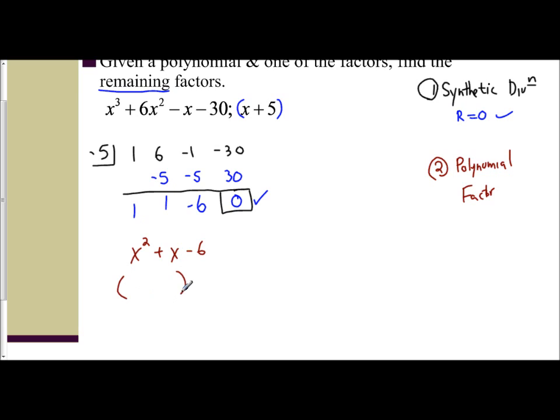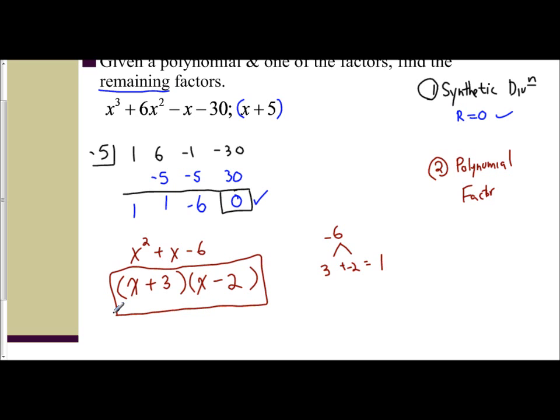So I can set up my two factors. The first place is going to be x, and you want numbers that multiply to give you negative 6, and they add to give you positive 1. Since they have a negative 6 product and a positive 1 sum, that'd be a 3 and a negative 2. So x plus 3, x minus 2. Those are the remaining factors after you do synthetic division.